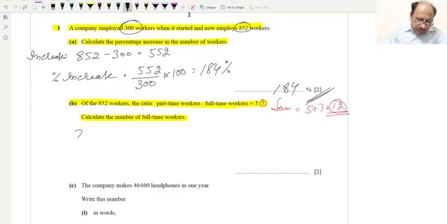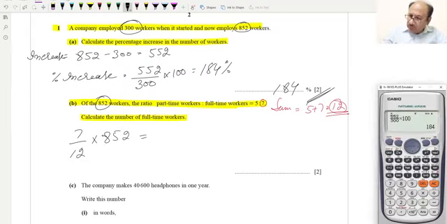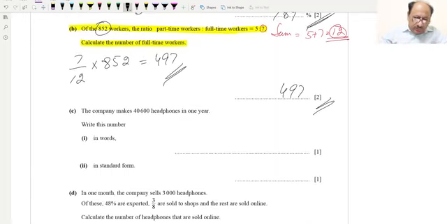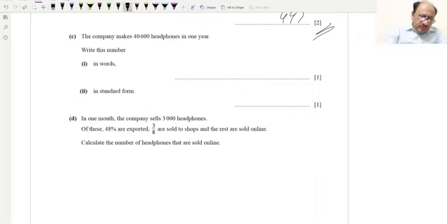So we write 7 out of 12 times the total workers, which is 852, and 7 over 12 multiplied by 852 results in 497. So 497 workers is our answer for 2 marks. These are full-time workers.